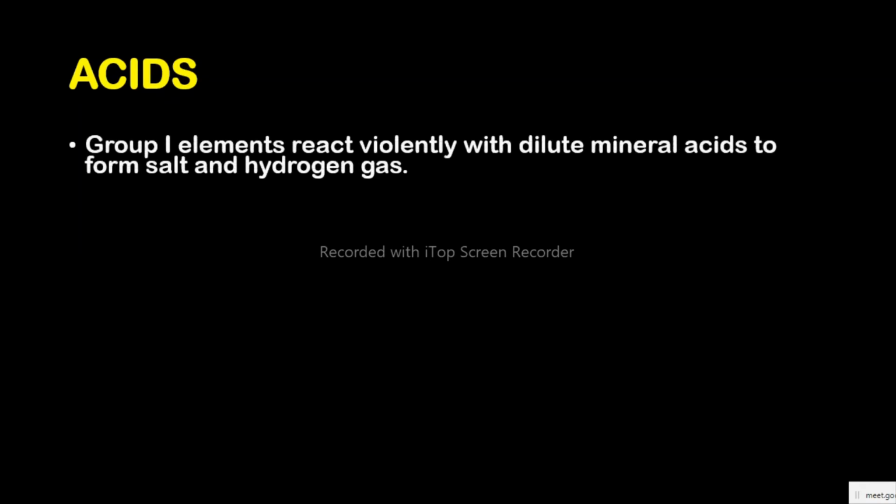Now remember, they are metals, so they are highly electropositive. So you expect them to react vigorously with acids to form a salt, and hydrogen gas is given off. So group 1 elements react vigorously or violently with dilute acids to produce a salt and hydrogen gas.